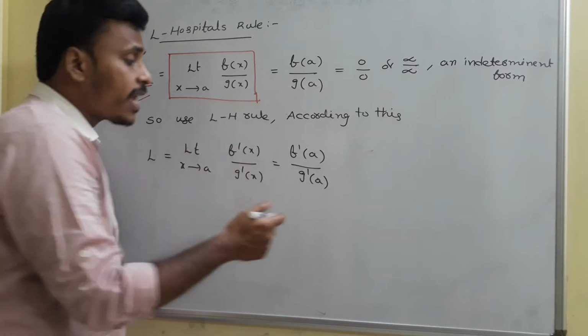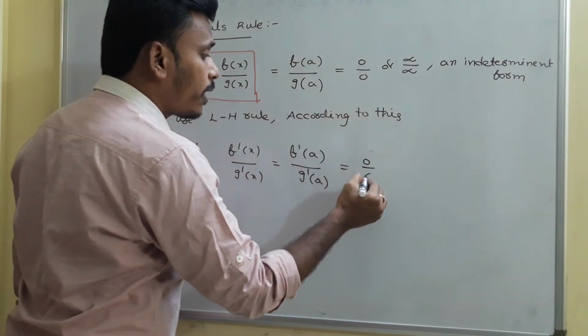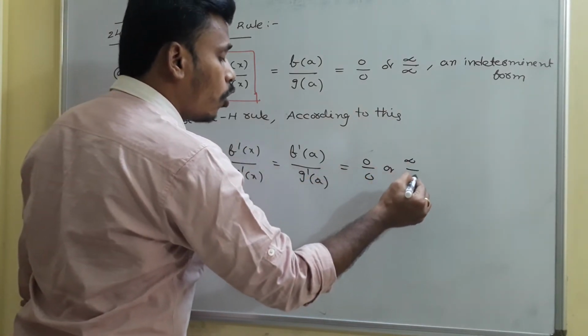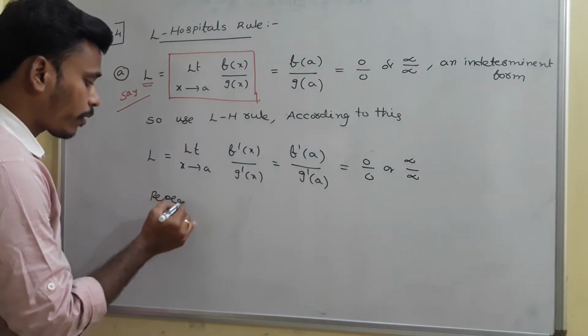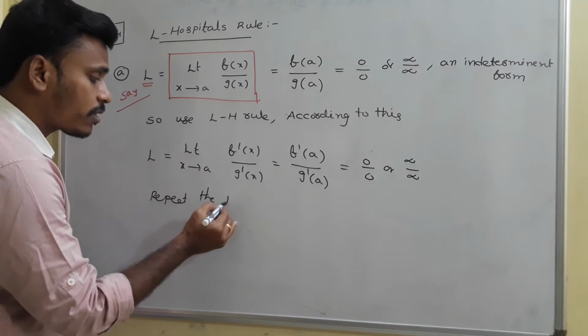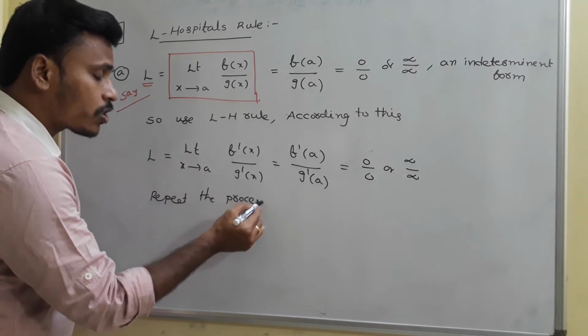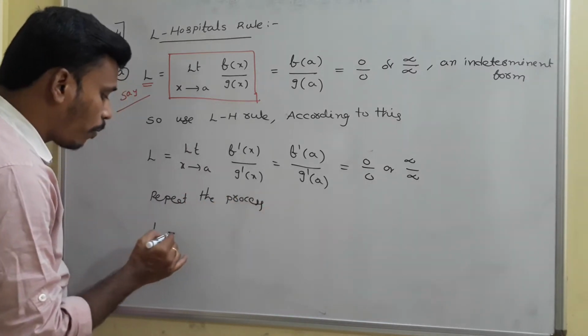If this is again an indeterminate form, either 0 by 0 or infinity by infinity, repeat the process. That means we need to move one more step.